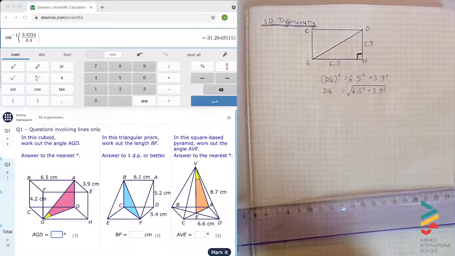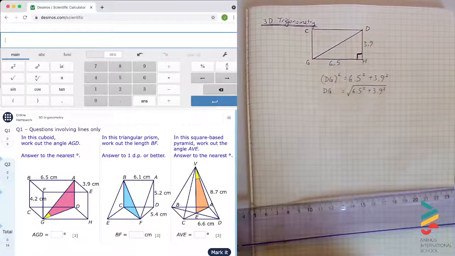I'm just going to simplify that a bit on the Desmos calculator. So I'll just clear what I had before. I'm not going to actually figure out the square root of it. I'm just going to simplify the bit that's inside the square root.